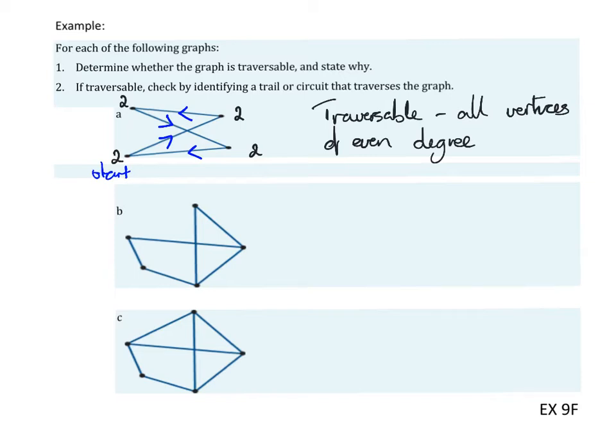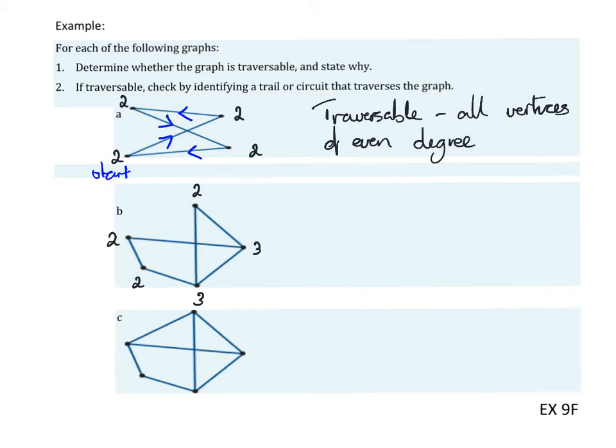The next one, let's do exactly the same way and work out the degree on each of our vertices. Now remember, we're only dealing with connected graphs. This is connected. It's not planar, but it is connected. So degree of 2, degree of 3, degree of 3, degree of 2, degree of 2. Well, the 2 criteria were that you had either all even vertices or 2 odd and the rest even, and that's what we've got here.